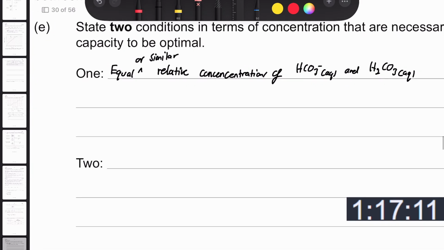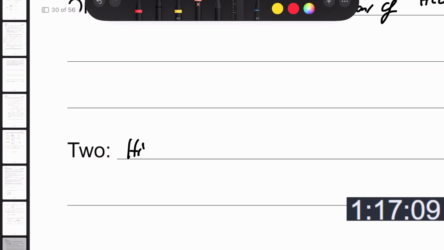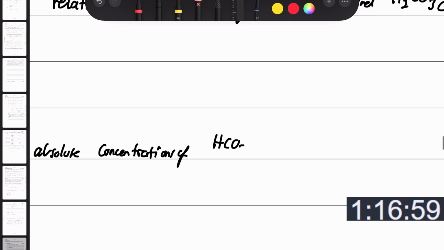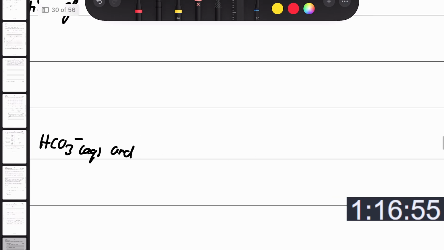So similar relative, and then high absolute concentrations, again HCO3 minus and H2CO3.